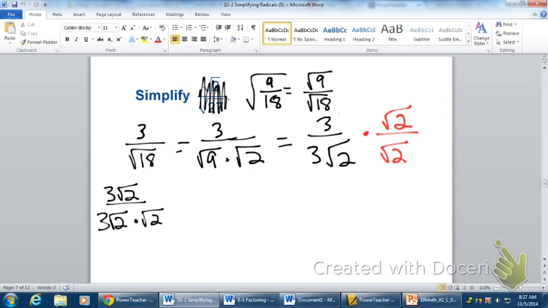Let's simplify that denominator. Let's multiply 2 times 2 down there. That gives you 4.